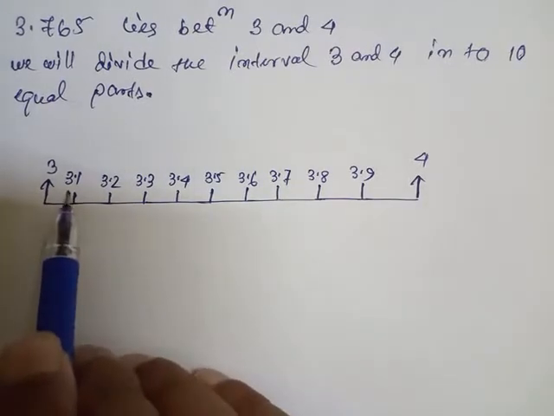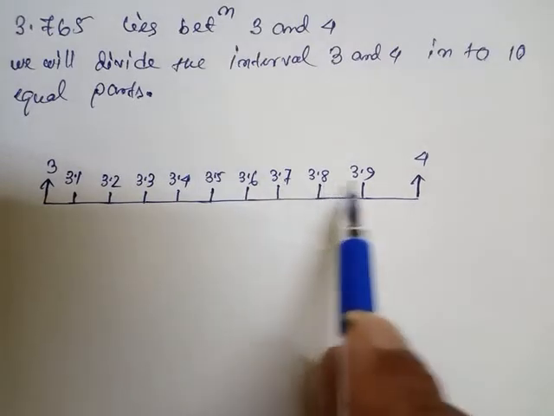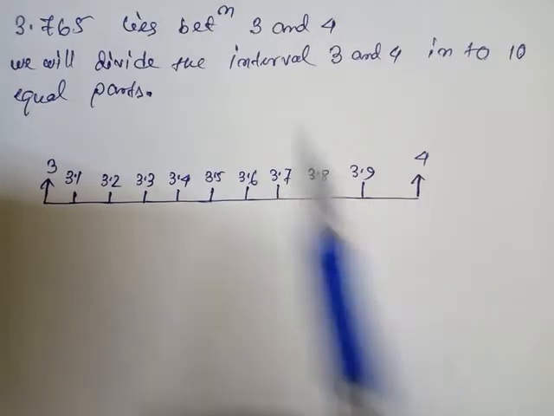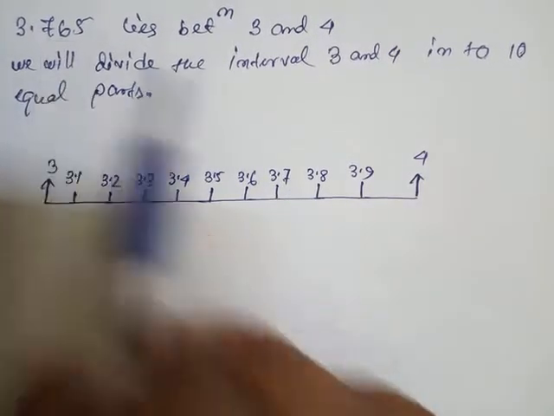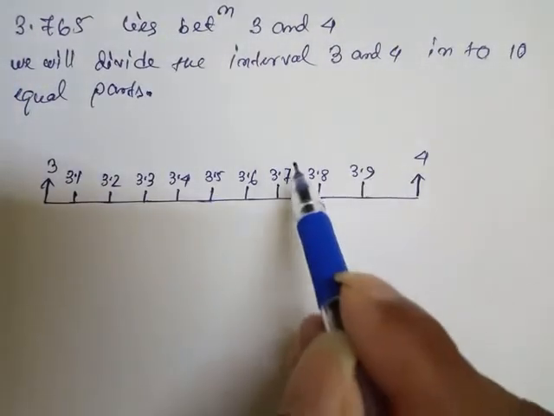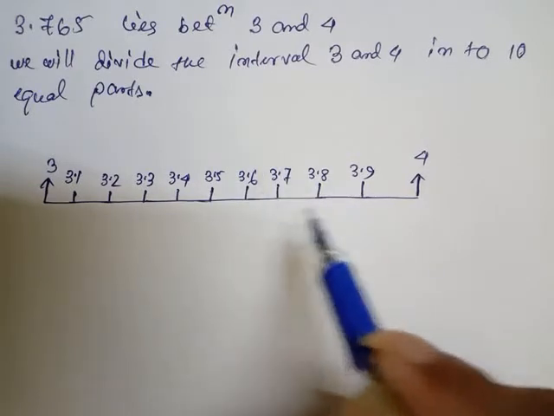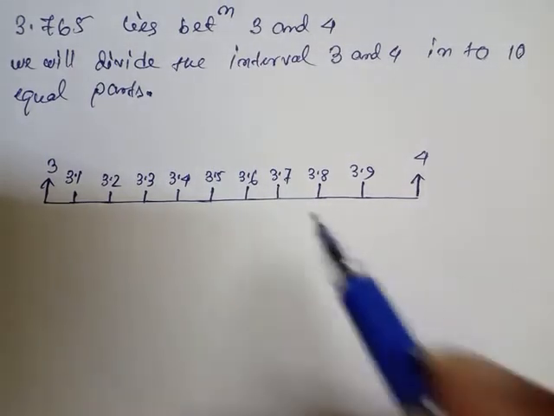This is the first step: 3.1, 3.2, 3.3, 3.4, 3.5, 3.6, 3.7, 3.8, 3.9 and 4. So 3.7 is after 3, then the decimal point, then 7, which means we'll take this position only, 3.7 and 3.8, as the magnification part. Now let's have a look how to solve the second part.